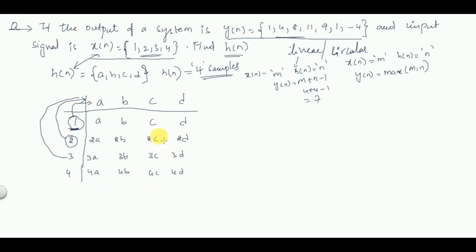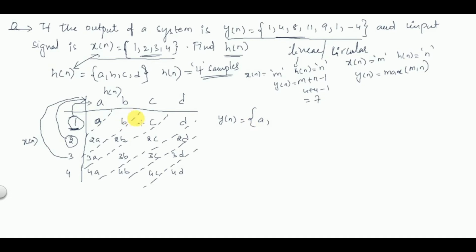Next we have to divide this with lines. These are the samples of linear convolution. This is h of n and this is x of n. Therefore y of n is equal to these values. You just have to add all the elements like this. Since only one element is there in the first division, you write a.